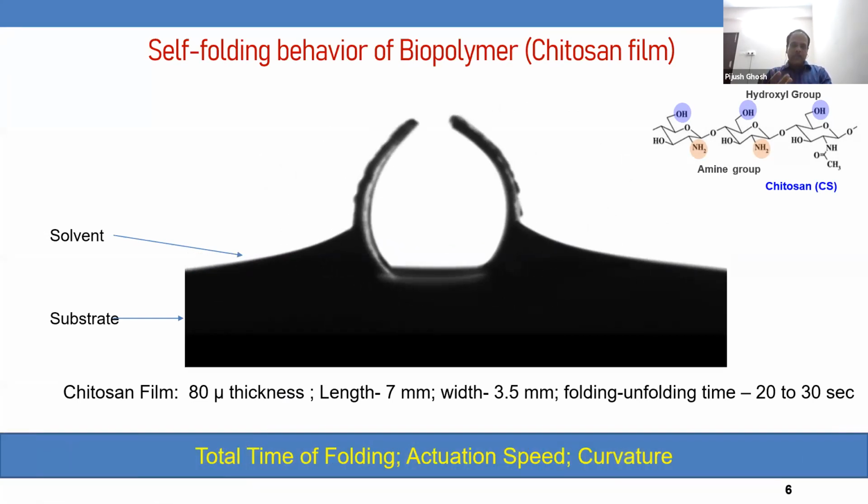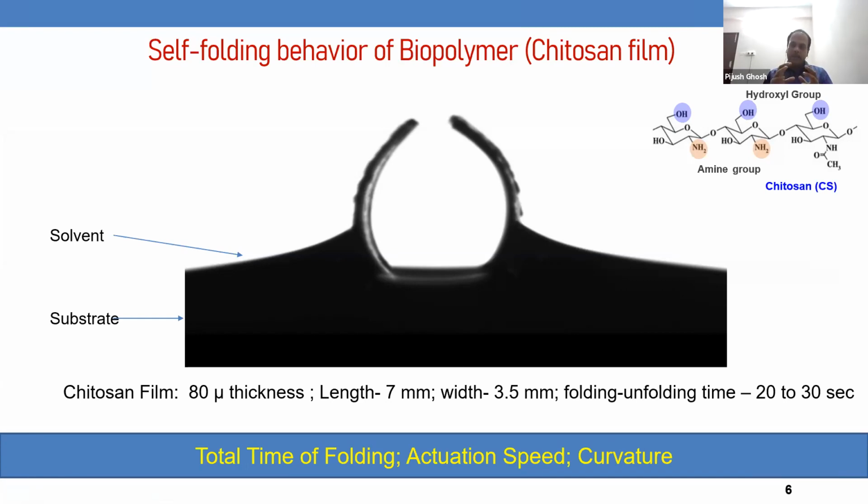Now, as far as this actuation is concerned, normally the 2 or 3 very common parameters that we measure to characterize this film folding are the total time of folding, how much time it takes, the actuation speed, which is very important, at what speed it is actuating, and the curvature, because when it comes to specific applications, this curvature becomes a very important parameter.